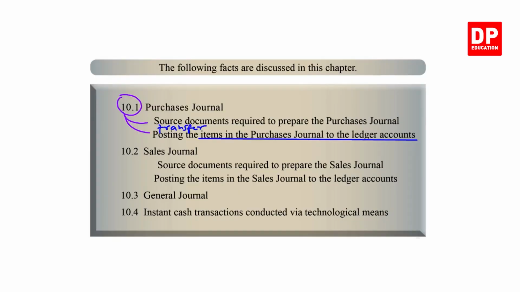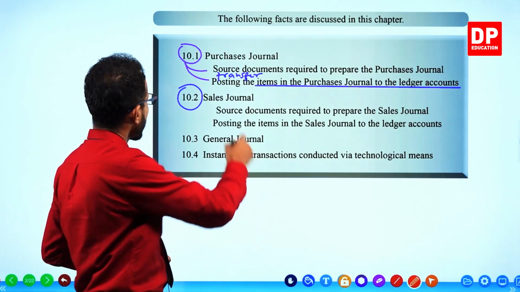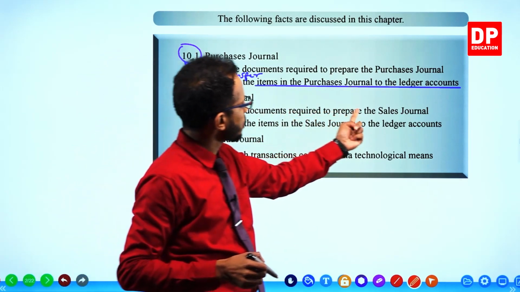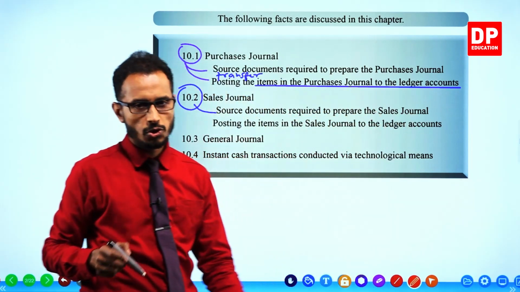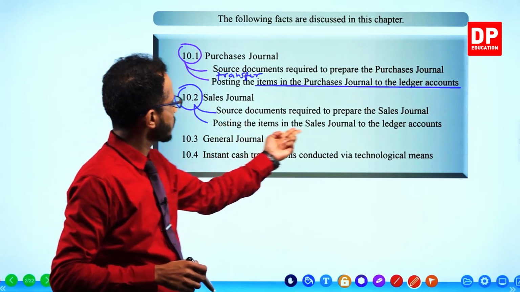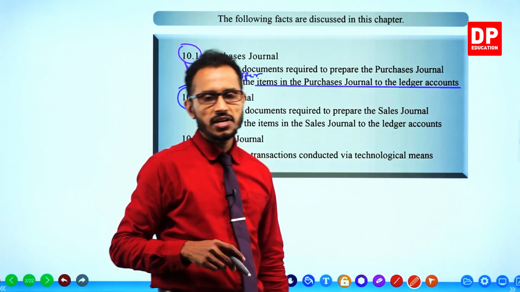Then we have the Sales Journal. Under that, source documents required to prepare the Sales Journal. Then posting the items in the Sales Journal to the ledger accounts.